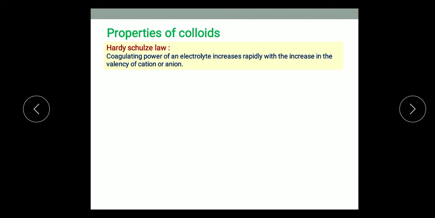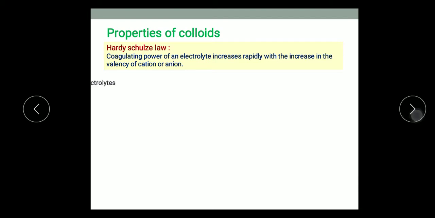Now suppose we have a negative sol and we add here ferric chloride, then it is the positive ion, that is ferric ion, that is responsible for causing coagulation. Similarly, if we have a positive sol, say blood, and we add here ferric chloride, then it is the negative ion, that is chloride ion, that will cause coagulation.